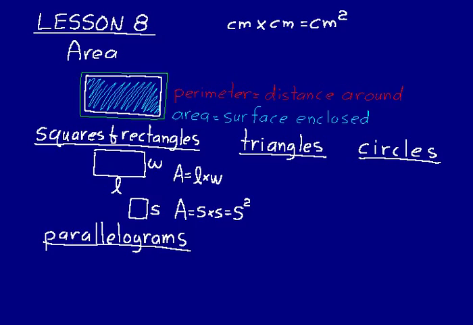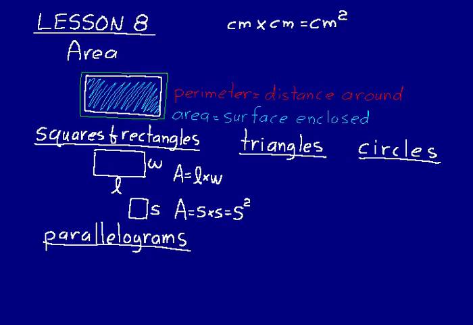Just like we multiply the two numerical parts of the length, we also multiply the units together when we're calculating area. You could write your units as centimeters times centimeters, but it looks a lot neater to write centimeters with an exponent of 2, which means centimeters squared.